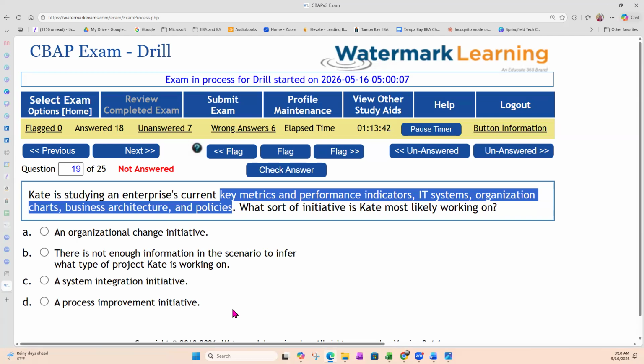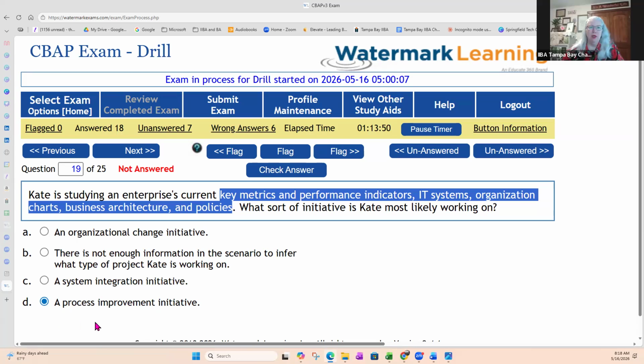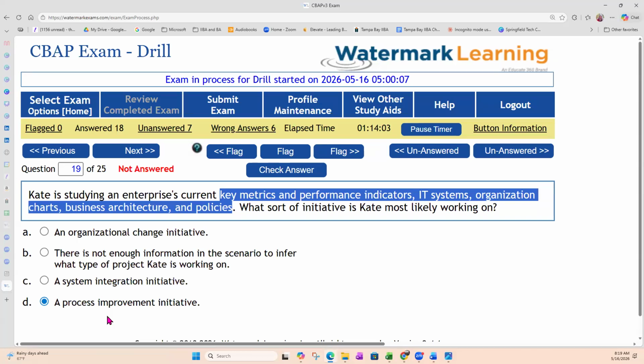A process improvement initiative seems to be the correct one. Okay. Why do you like process improvement over organizational change or system integration? Because of the key metrics and performance indicators.